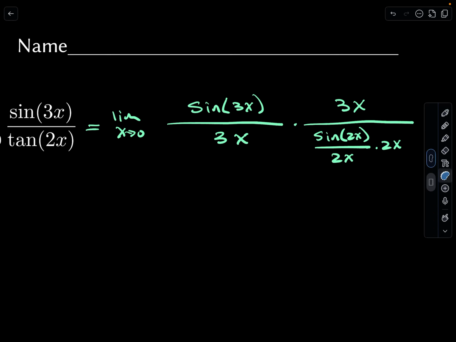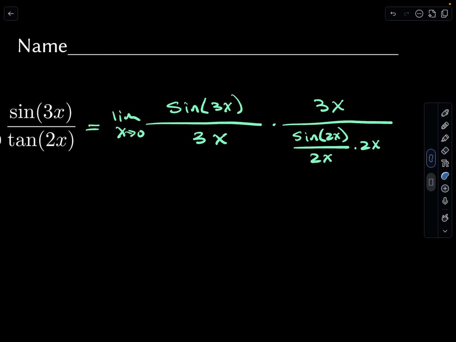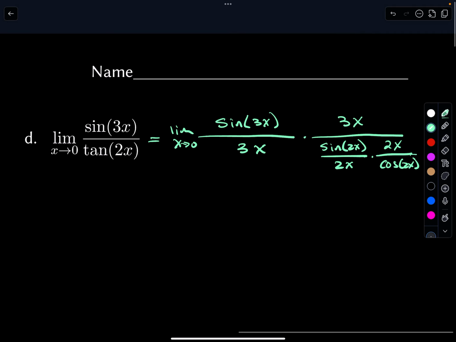I didn't leave myself enough room. Give me a sec. There we go. And I guess I need to have a cosine somewhere. So 2x over cosine. Just to explain briefly, I have introduced the 3x, but those cancel each other out, so it's balanced.